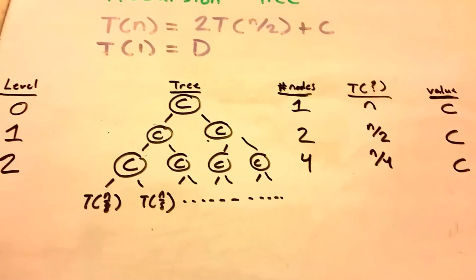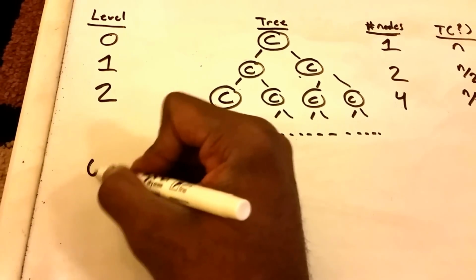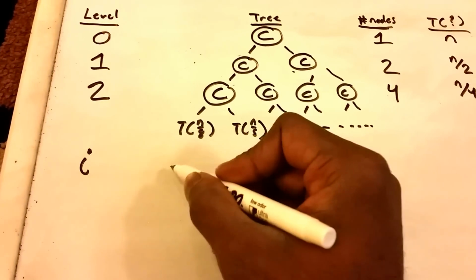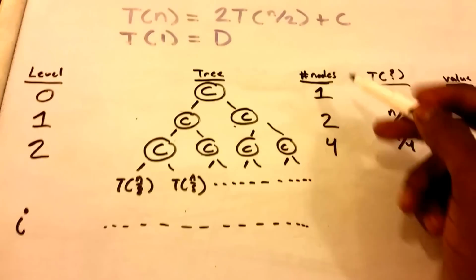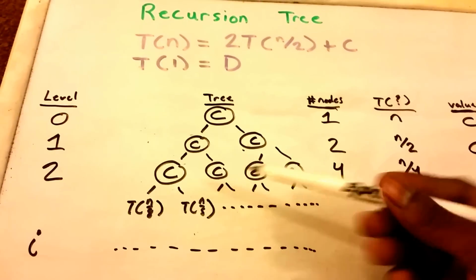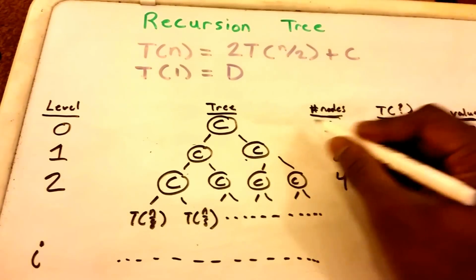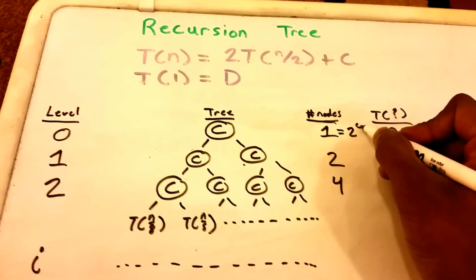Okay. So now, what about some arbitrary level? We'll call it I. We need to figure out the number of nodes here. So let's take a look at the number of nodes here and compare it with our level and try to see a pattern. So at level 0, the number of nodes is 1. We can think of that as 2 to the power of 0.